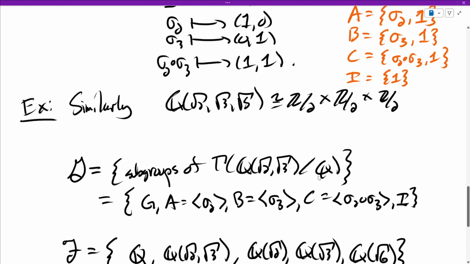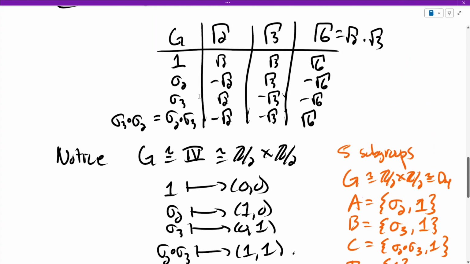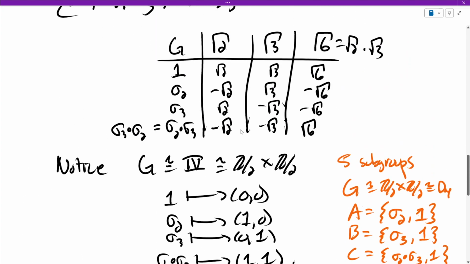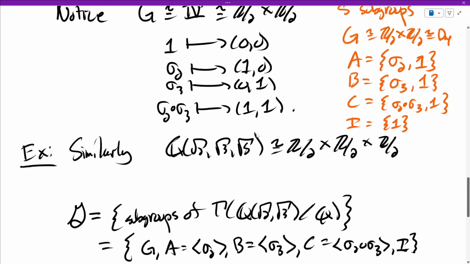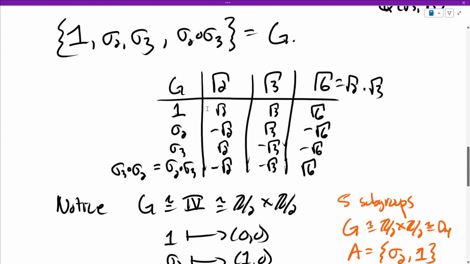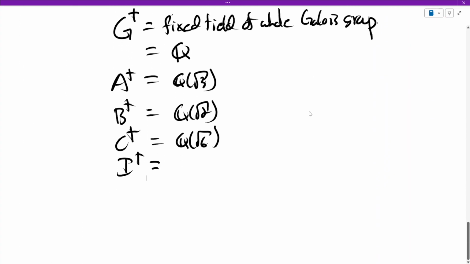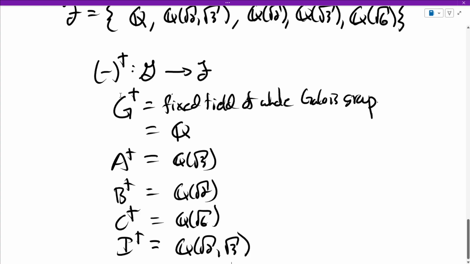C was the one that negated root 2 and root 3. What does the last guy leave alone? It leaves alone root 6. And then finally there's identity dagger. What does the identity move? Nothing. The identity fixes everything. So this is just everything.